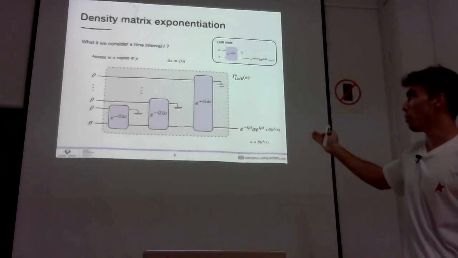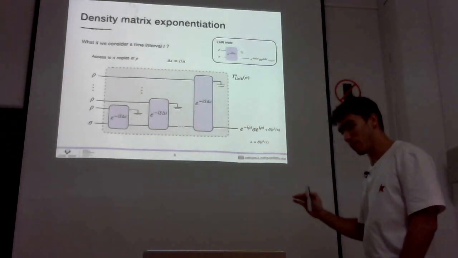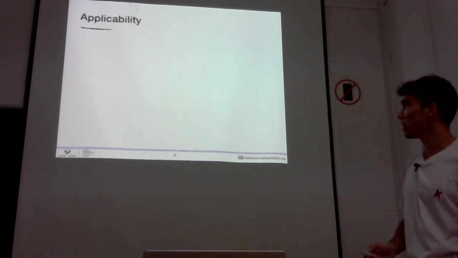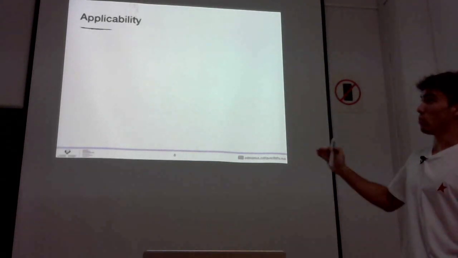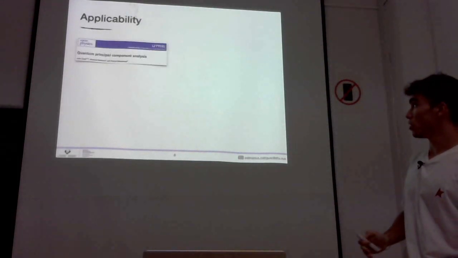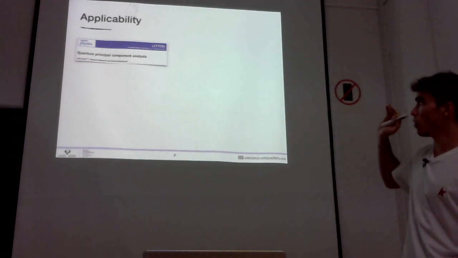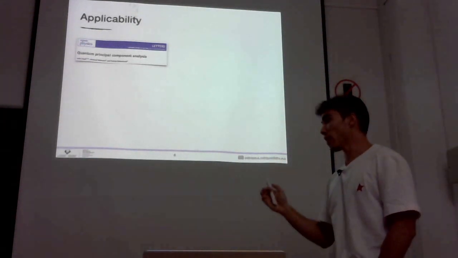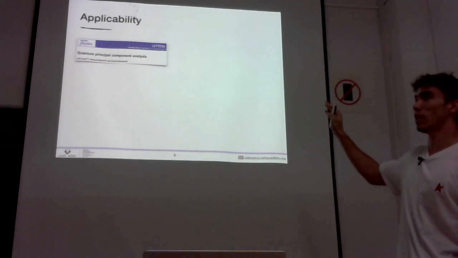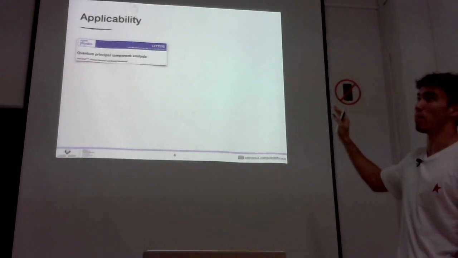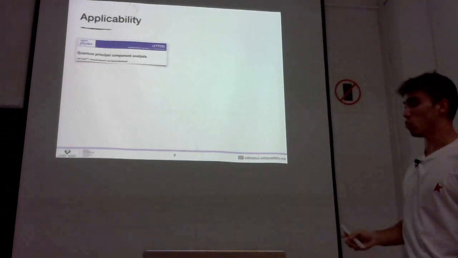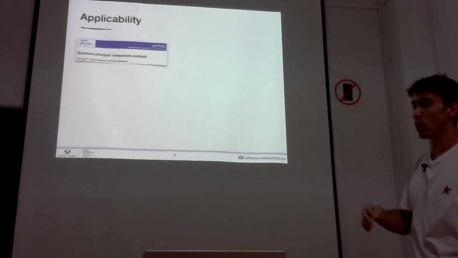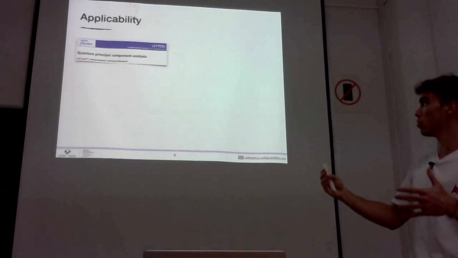So why is this important? This is a very concrete operation, but it turns out to be a very interesting operation, this density matrix exponentiation. It's important to perform what is called principal component analysis. If I'm able to implement this operation, then I could apply quantum phase estimation to obtain the principal components of a quantum state rho, which could be like the output of some experiment.